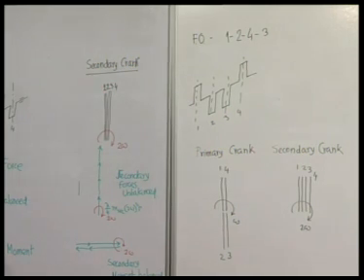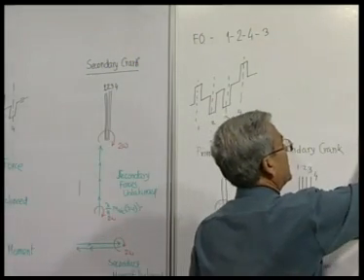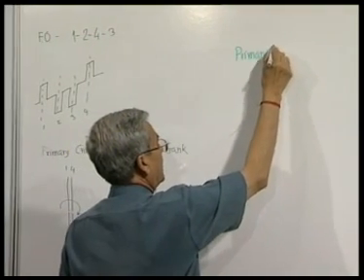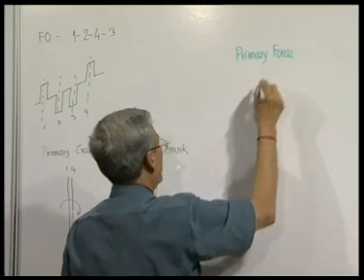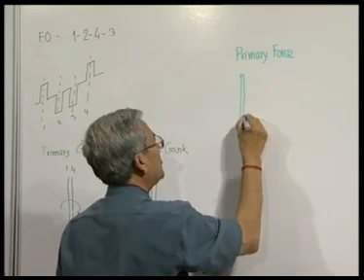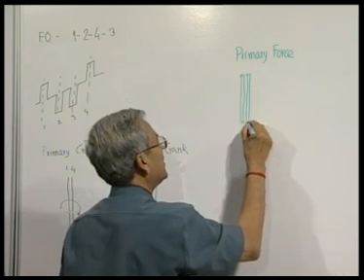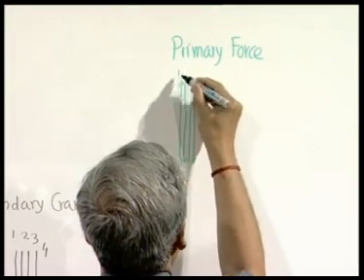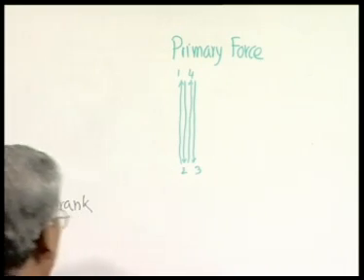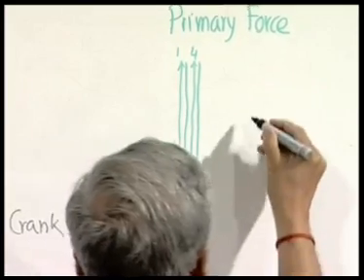So, primary force diagram, if we want to draw here, so obviously primary force is you can see 1, then 2, then 4, 3. So, 1, 2, 4, 3. So, primary force balanced. Earlier also it was balanced.